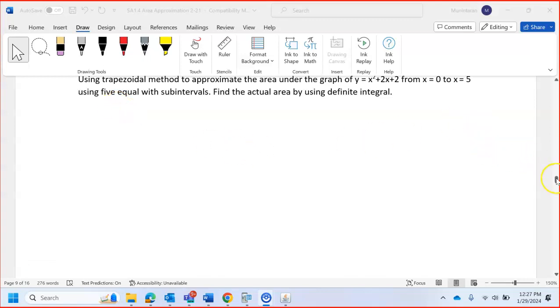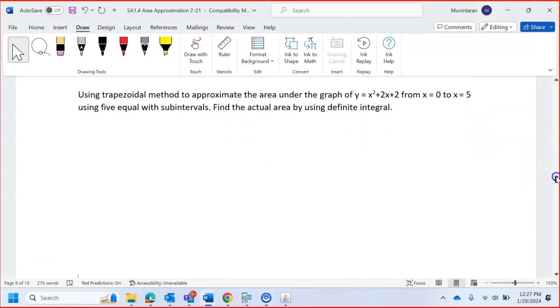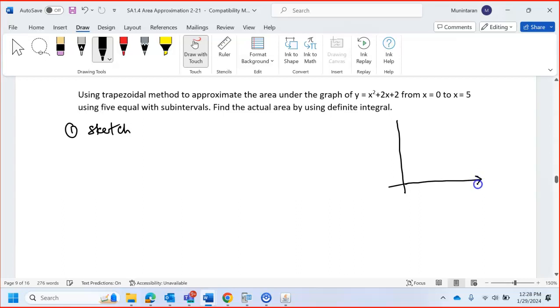The first step, it would be nice if you have a simple sketch. Step 1, you do a simple sketch of the graph y equals x squared plus 2x plus 2. We know the graph should be something like this.